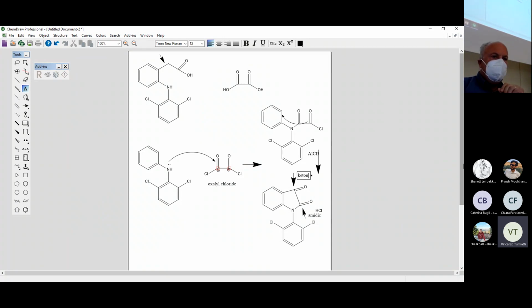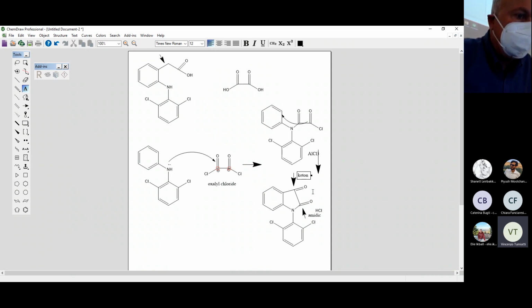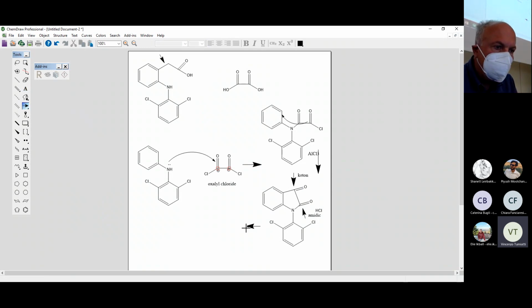The first one has a completely different chemical behavior than the second one. It is possible to reduce only one of the two. It is possible to reduce only the ketone carbonyl and not the amidic carbonyl. How?